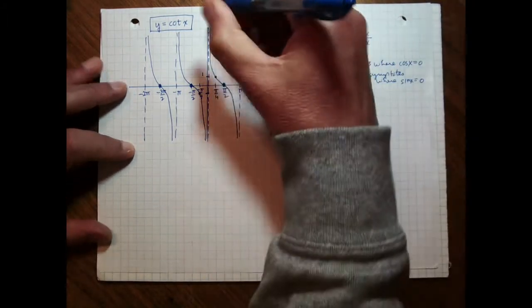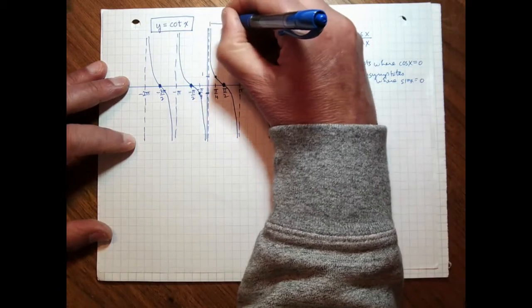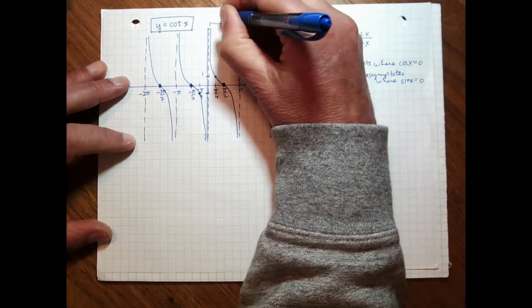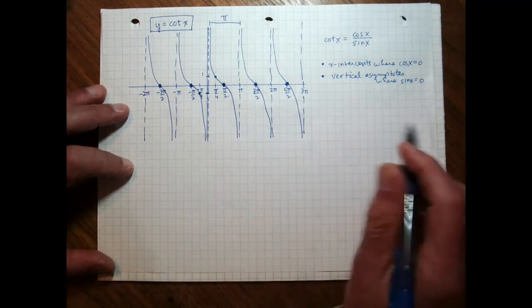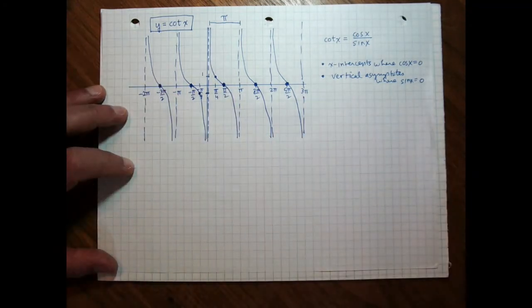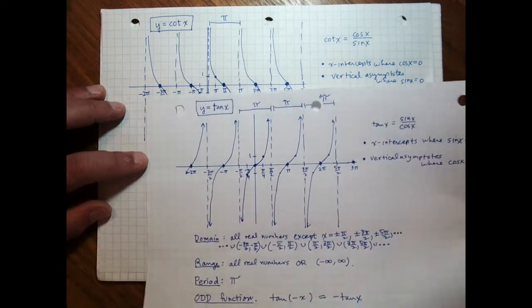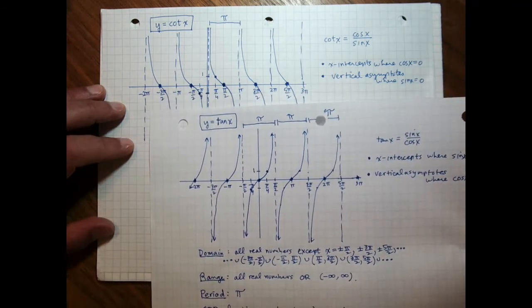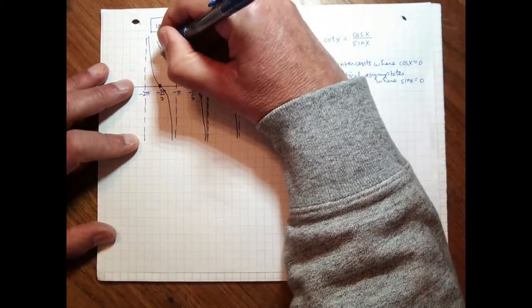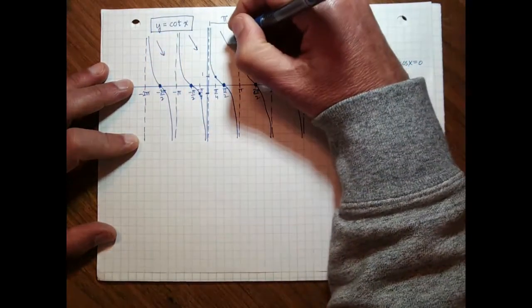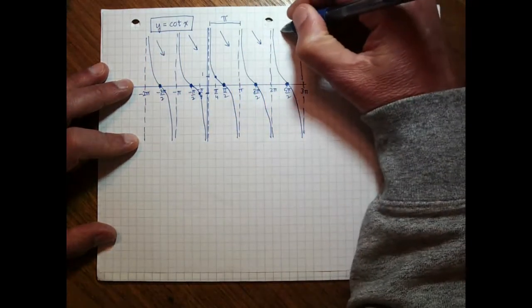Cotangent also has a period of pi, just like the tangent function. But if you want to contrast the tangent and cotangent, and they do look very, very similar, just note that the branches of cotangent are all decreasing as you go from left to right.